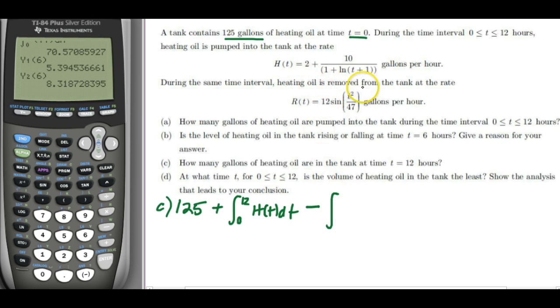So heating oil was removed based on the second function r of t. So the integral between 0 and 12 hours of the r of t function will tell us how much oil came out between 0 and 12 hours. So what I had to begin with plus what went in minus what came out is going to give me the total amount of oil in the tank at time 12 hours.